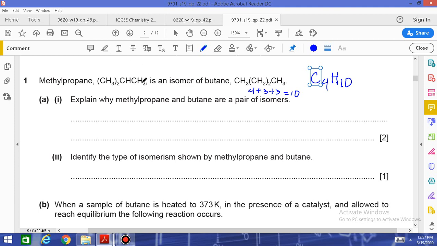So they have the same molecular formula but different structural formula. Butane is straight chain while methylpropane is branch chain.